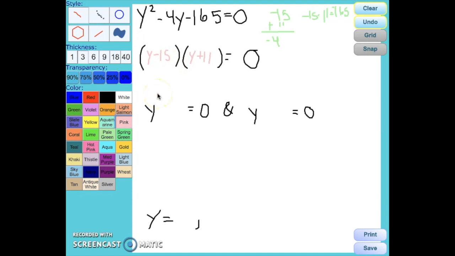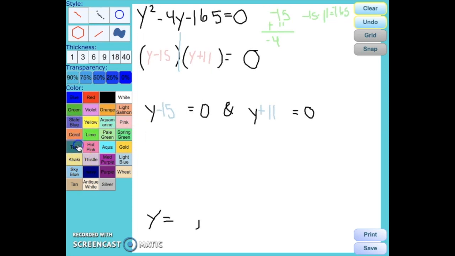We need to split these two parts of the equation into two different equations. First we're going to look at y minus 15 equals 0, and y plus 11 equals 0.